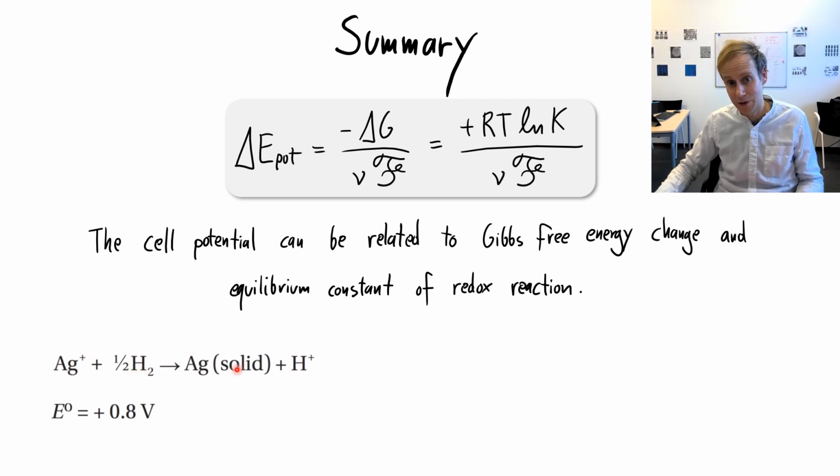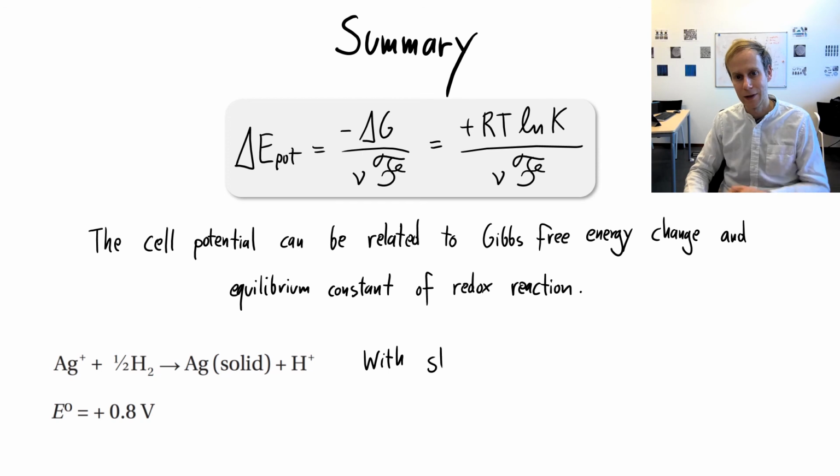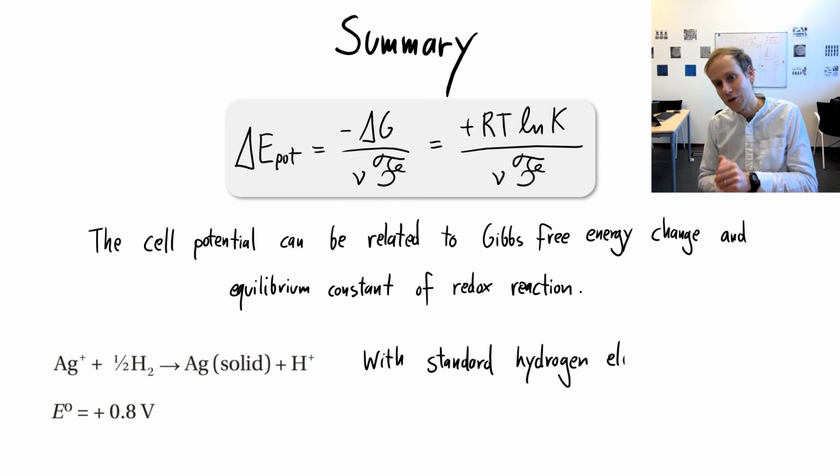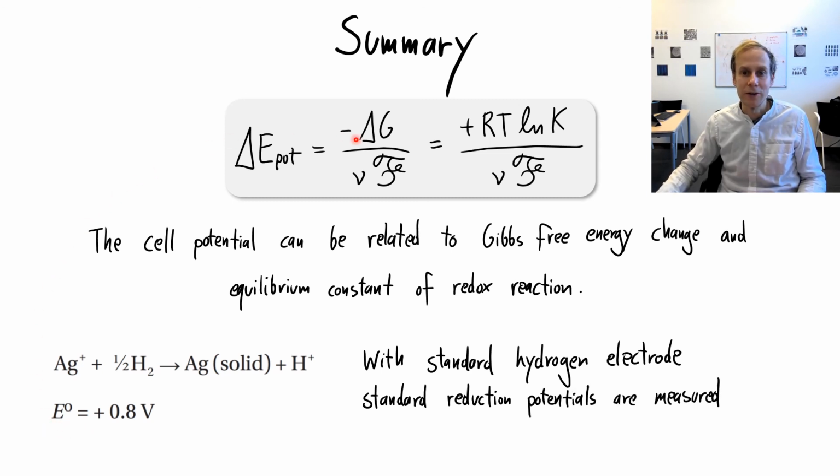We've seen in the previous slide that its equilibrium constant is towards the right side here, because it has a positive standard reduction potential. So the standard hydrogen electrode allows you to determine these standard reduction potentials, which then give you information about the Gibbs-free energy change and the equilibrium constant.